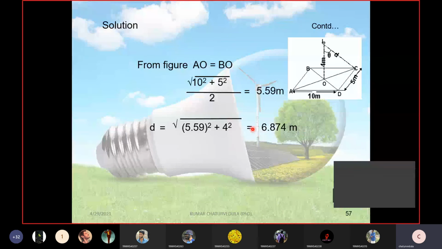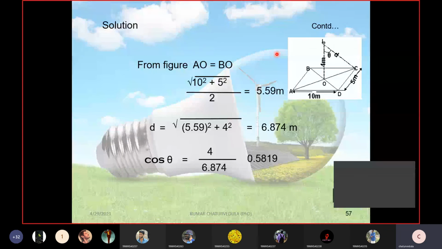Once we know this distance, we are able to find this d value. That is why I first assumed these are the same and these two are also the same. And we know cos theta is equal to h by d, so 4 by 6.874, which is equal to 0.5819.